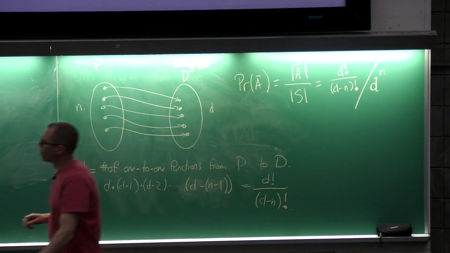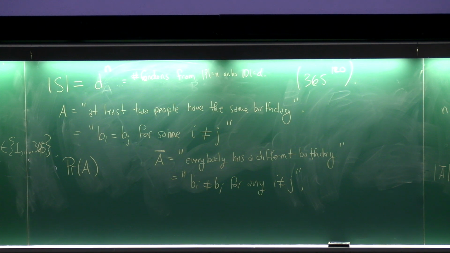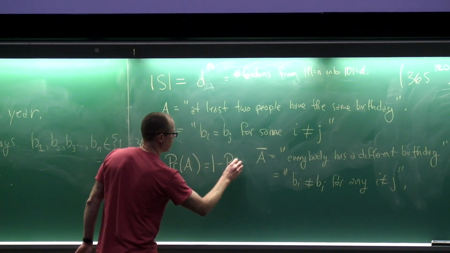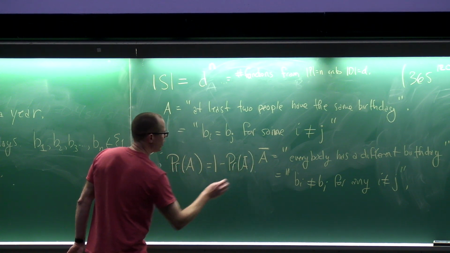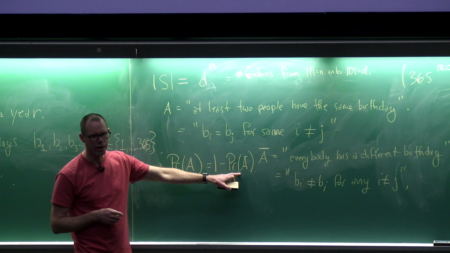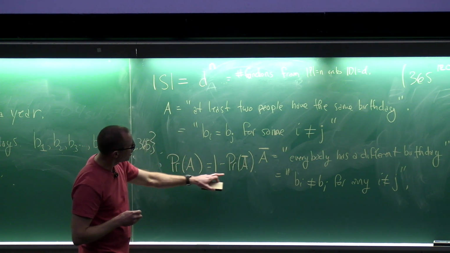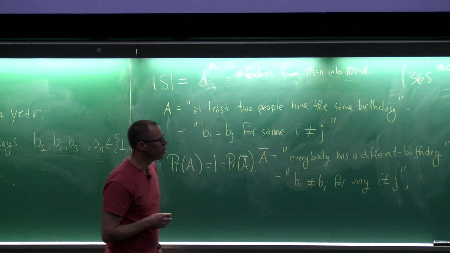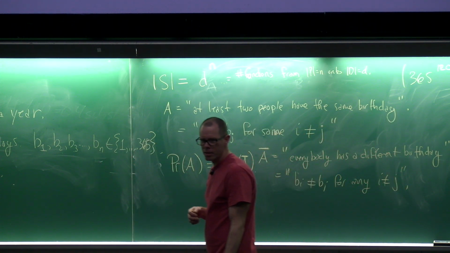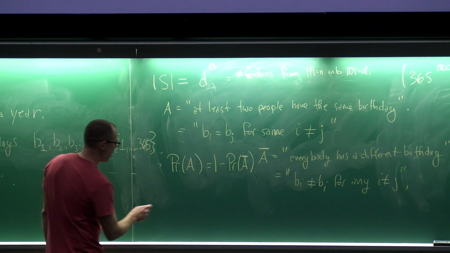We wanted to know the probability of this event. And for that, we use the complement rule. The probability of A is just 1 minus the probability of not A. And if you don't like this, instead you could compute the size of A using the complement rule for computing the sizes of sets. You'll get the same result either way.